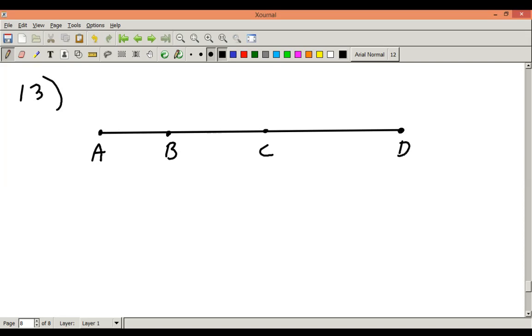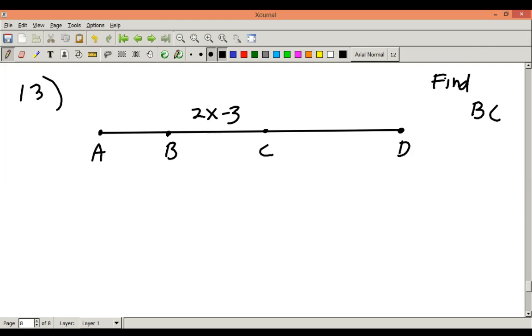So the directions say points A, B, C, D are collinear, and in that order, find BC. So here's what we're trying to find. Find segment BC, and they give us some information about the line segment. BC is 2x minus 3. It's a good idea to actually write that above there so you can see it, 2x minus 3.